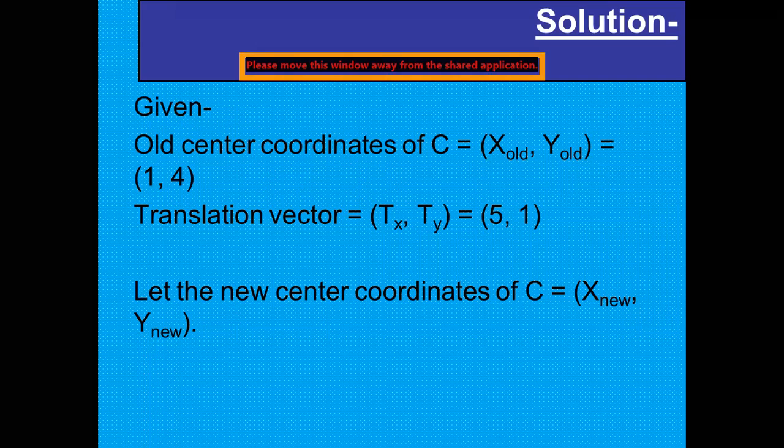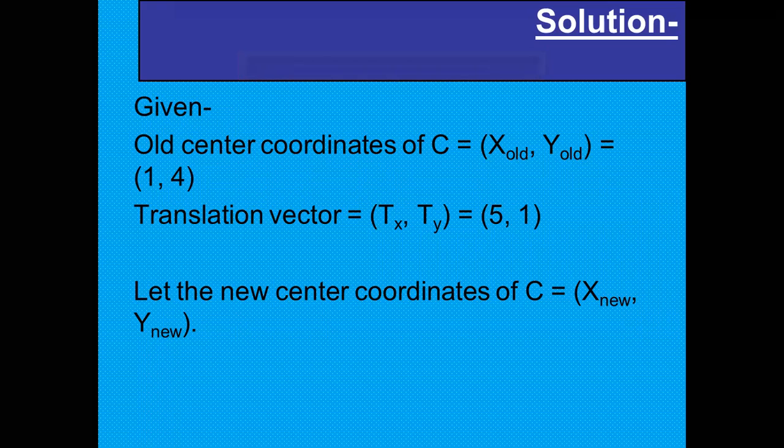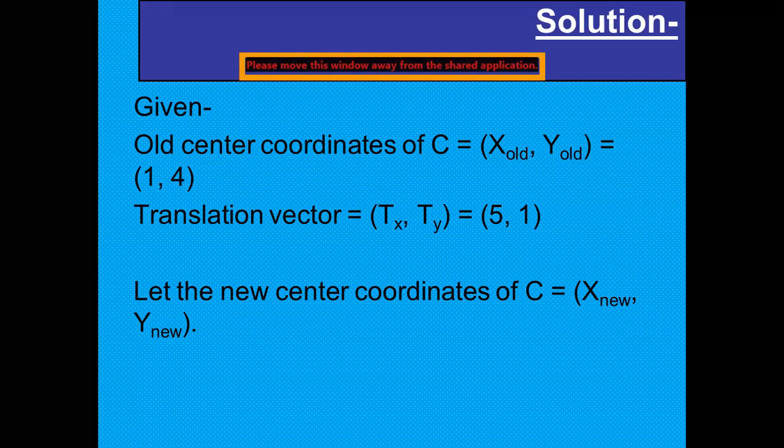Now the transformations are of 3 types. One is called the translation, second is called the rotation, and third is called the scaling. Here in the problem, translation is given. There is a movement towards x-axis and towards y-axis. So how will we represent it with the help of equations?